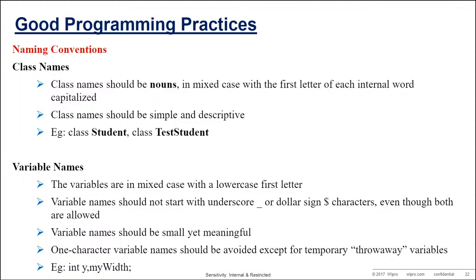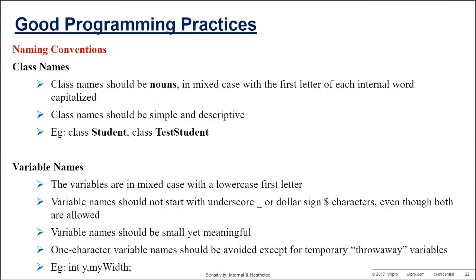Variable names should be meaningful. The company standards recommend that if you are creating a bank project, you should use variable names suitable to that project. For example, the variable name should be accountNumber, with account in all small letters and the N in number capital.